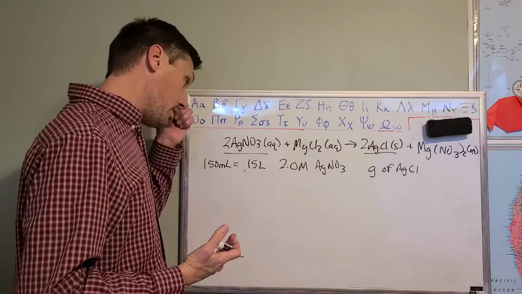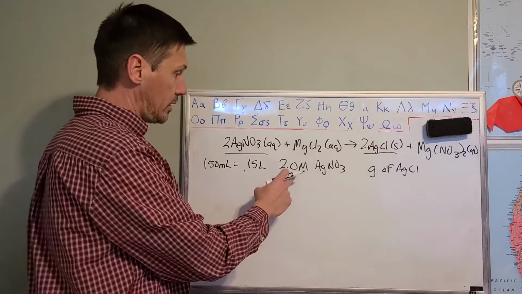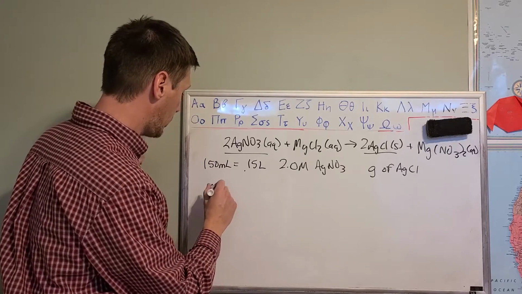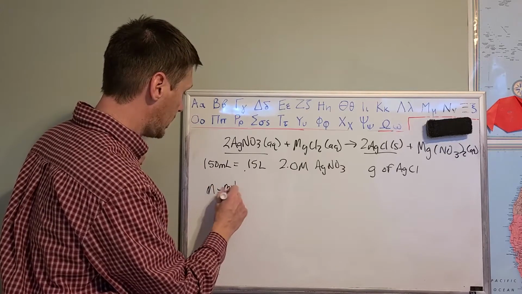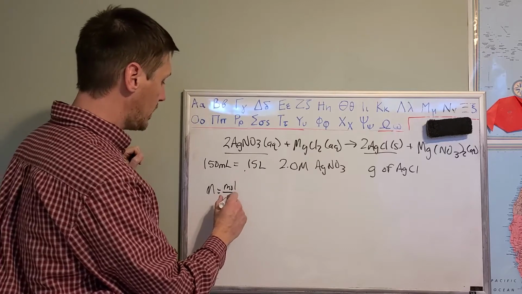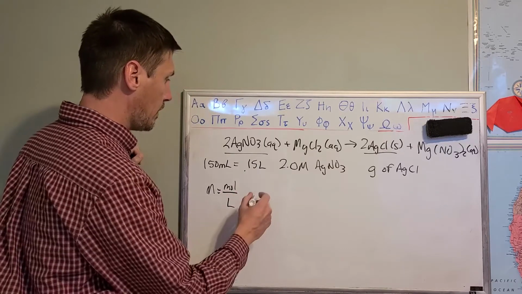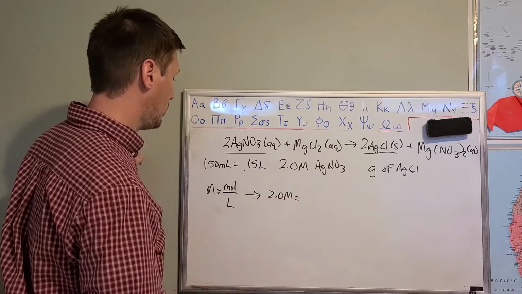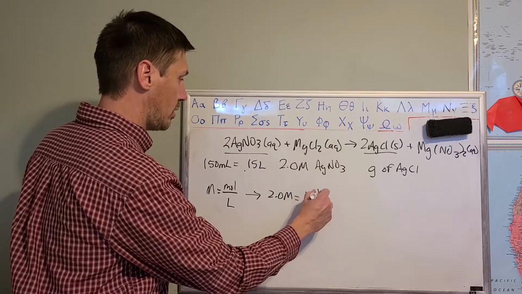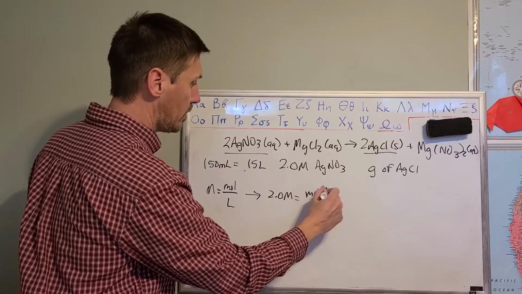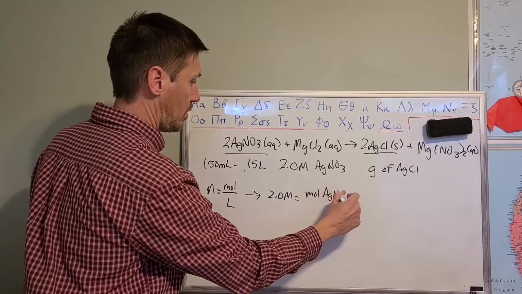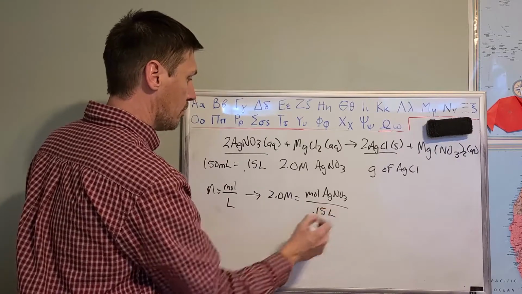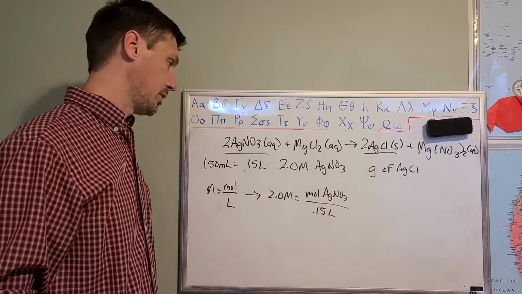All right. Since we know that molarity is equal to moles of solute over liters of solution, that means 2.0 molarity is equal to some number of moles of AgNO3 divided by 0.15 liters of solution.